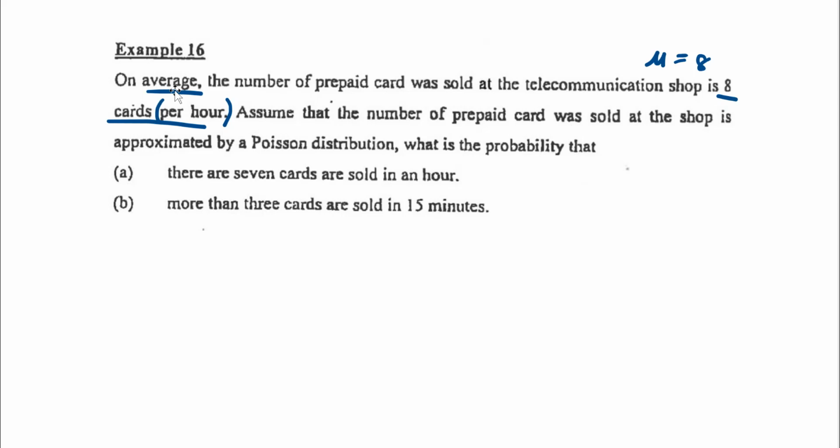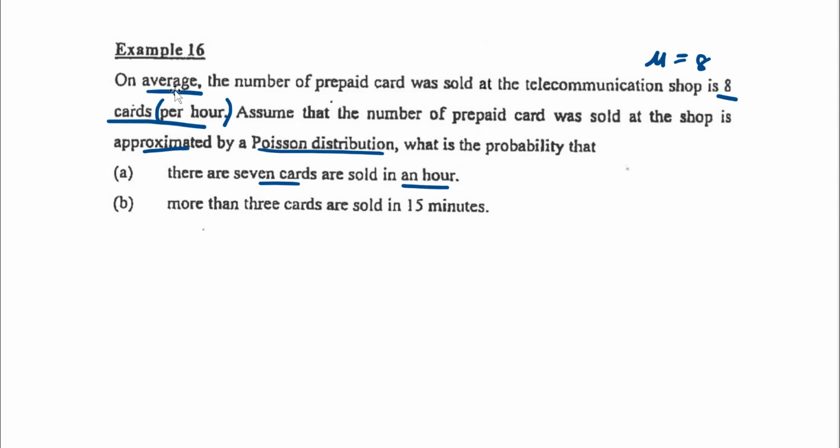Assume that the number of prepaid cards sold at the shop is approximated by a Poisson distribution. So the question already asks you to use the Poisson approximation. What is the probability that 7 cards are sold in an hour?